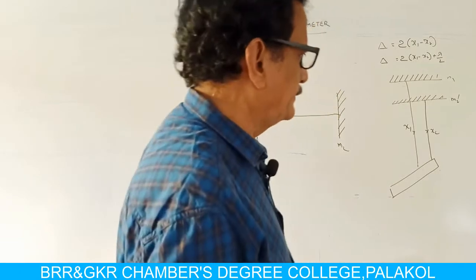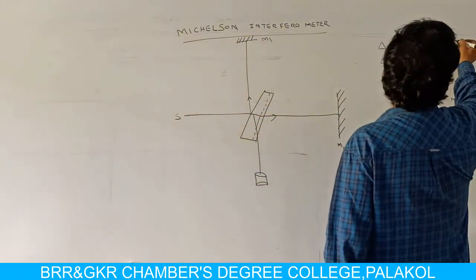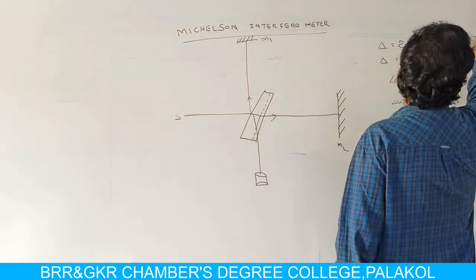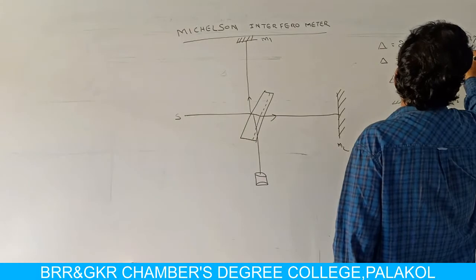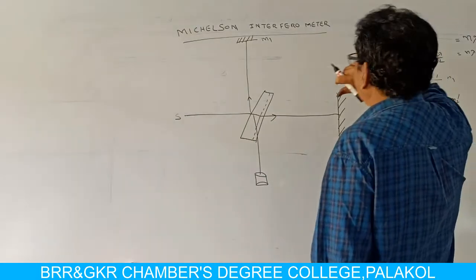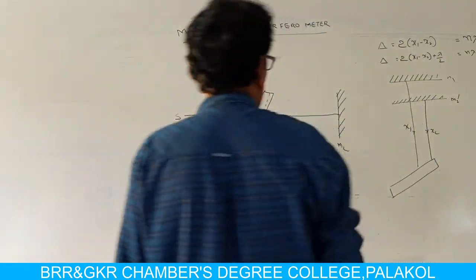We will get a constructive interference or a destructive interference. If the path difference is equal to n lambda, we will get a constructive interference, that is, a bright fringe is formed.